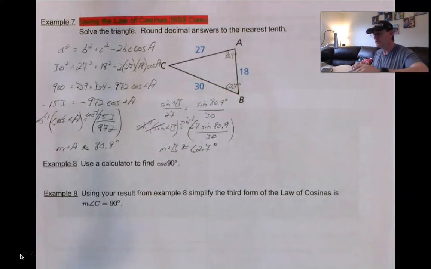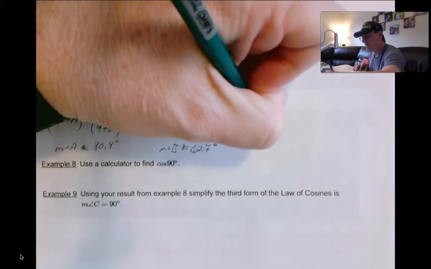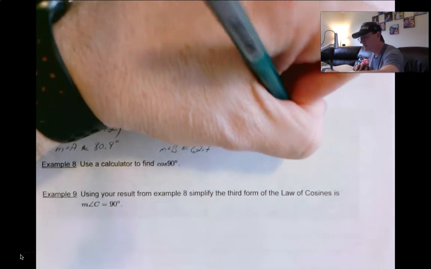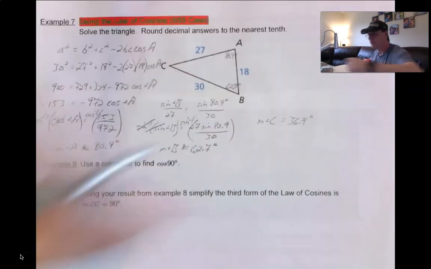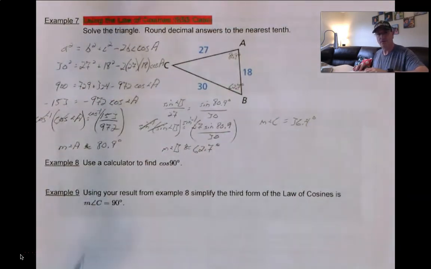Triangle angle sum theorem is going to get me angle C. So 180 minus 80.9 minus 62.7 gets me measure of angle C equals 36.4 degrees. And we have found all three of the missing angles for example 7.